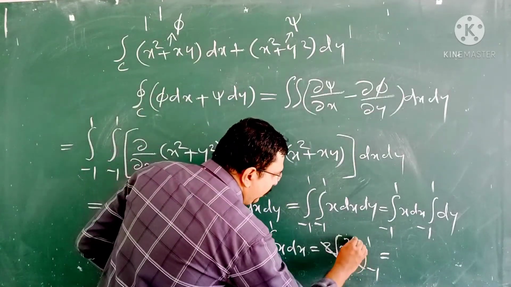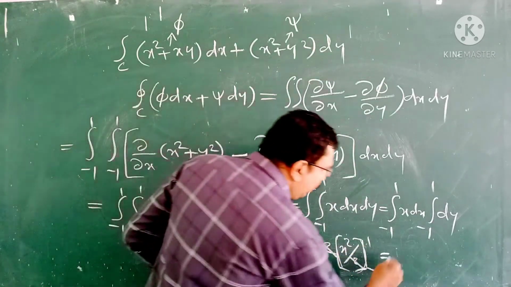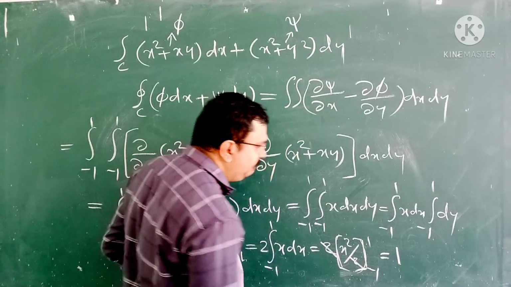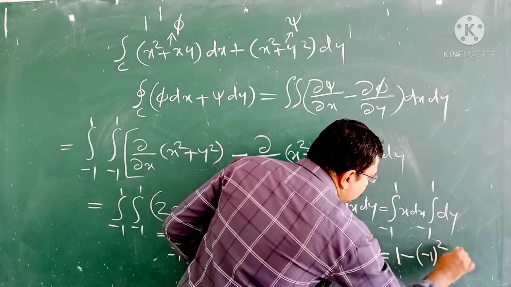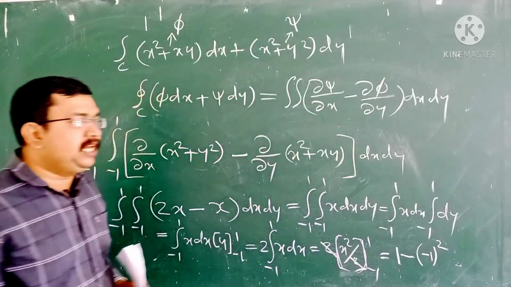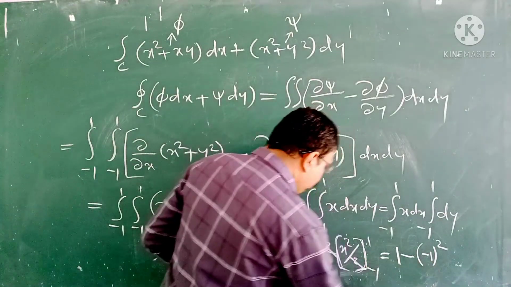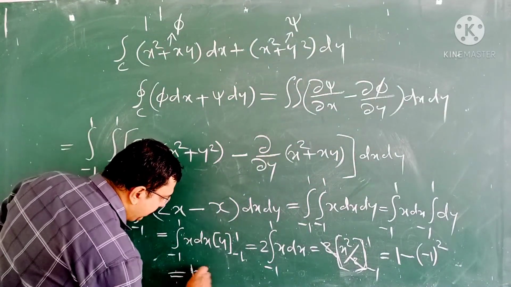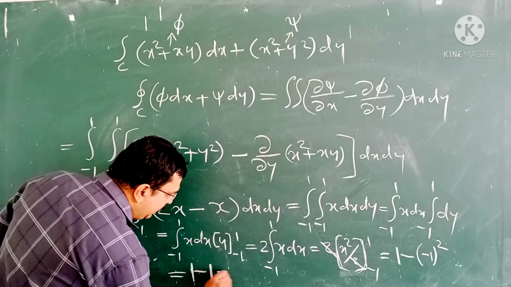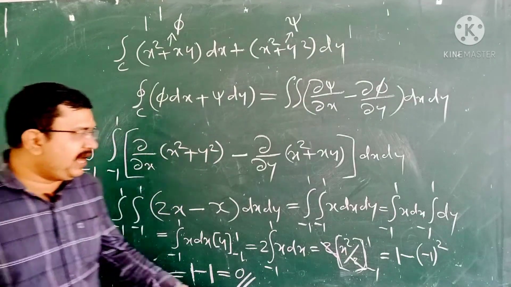We apply the upper value 1 and lower value minus 1: 1 square minus minus 1 square. You know that minus 1 square is 1. That is 1 minus 1, which is equal to 0. That is our final answer.